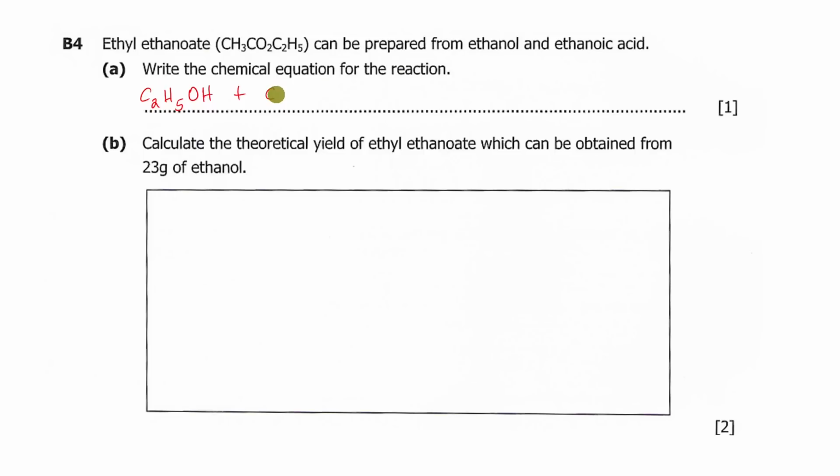I can't remember in my brain what it is, so just derive it from this formula: CnH2n+1COOH. So ethanoic acid means 2 carbons, n is equal to 2. So I just substitute 2 there, say C(2 minus 1) H(2 times 2 plus 1) and COOH.